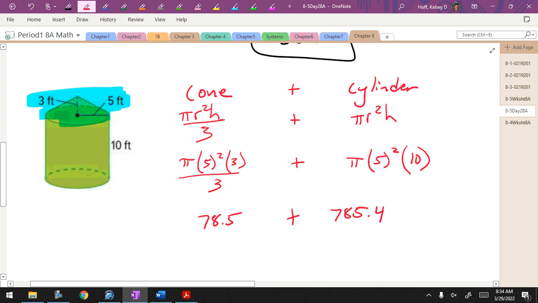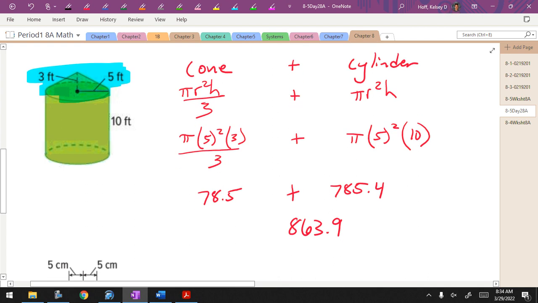Yes? Yep. Okay. Last but not least, add those two together. 863.9. Label: feet cubed.